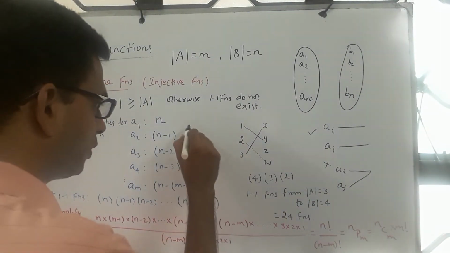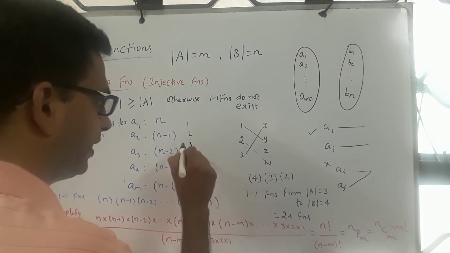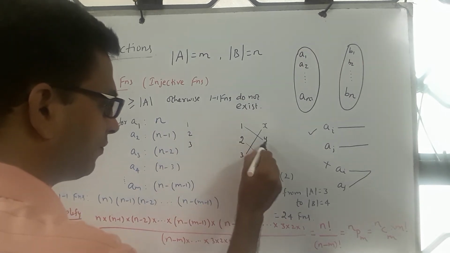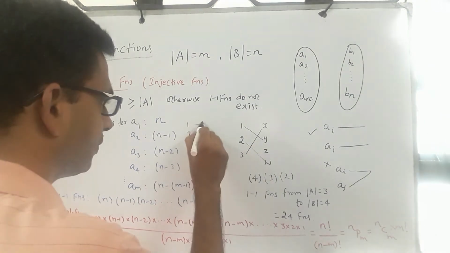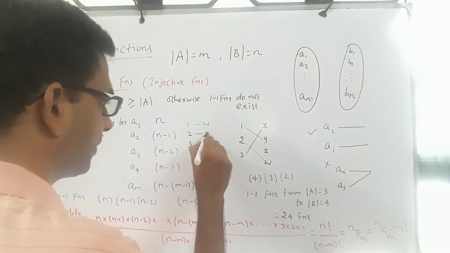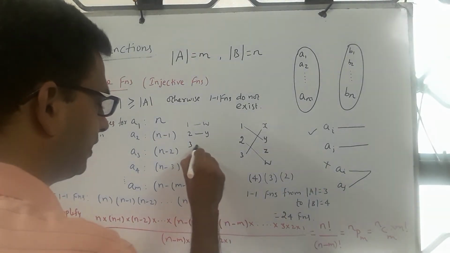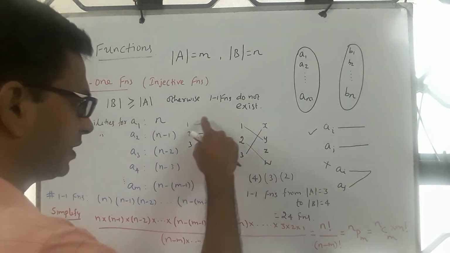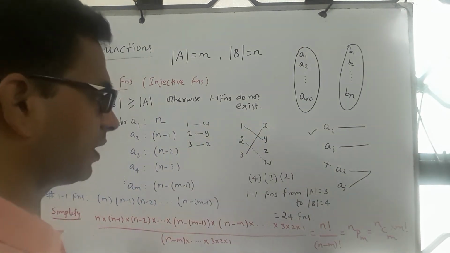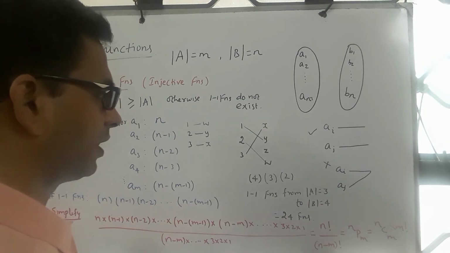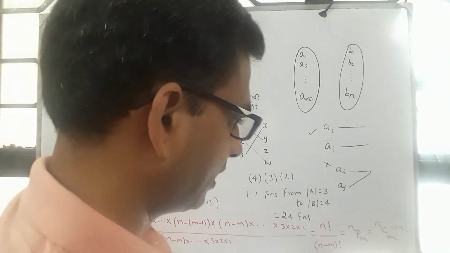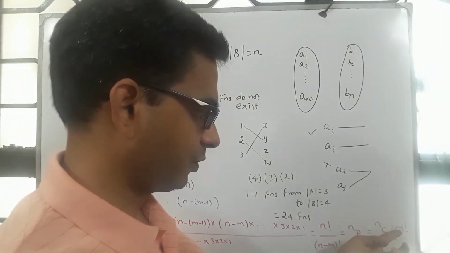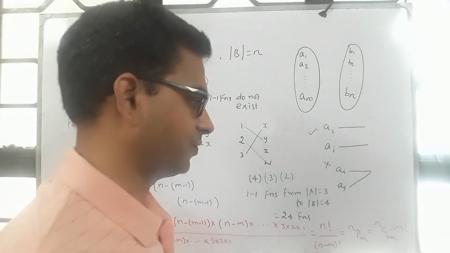Now one can also get 1, 2, 3, and 1 instead of mapping to y, 1 is mapped to say w, and 2 is mapped to y, and 3 is mapped to x. So like that you can start permuting this, so you will get 3 factorial. And in general it is m factorial. That's precisely this factor.